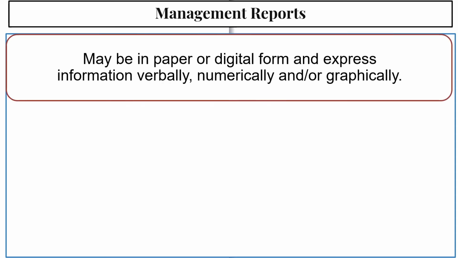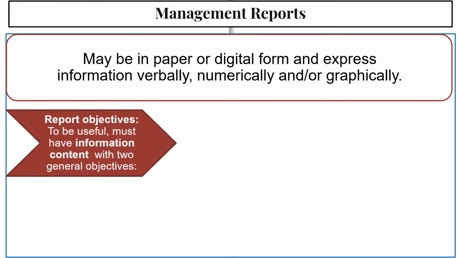The management report may be in paper or digital form, and it expresses information verbally, numerically or graphically. The format or display of the information in the management report is not standardized when we compare it with the financial reporting system.